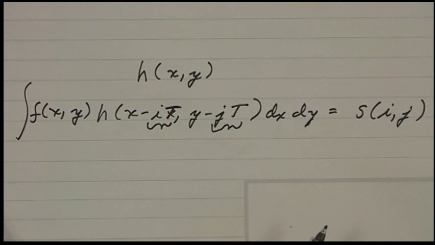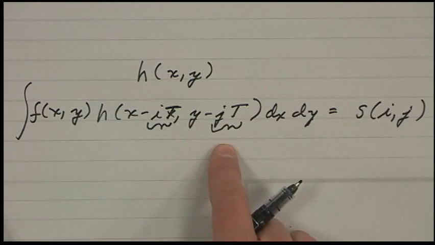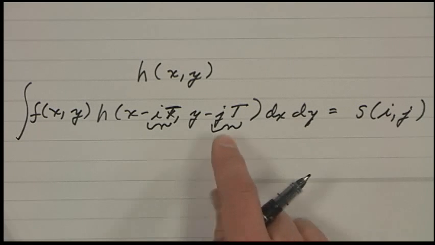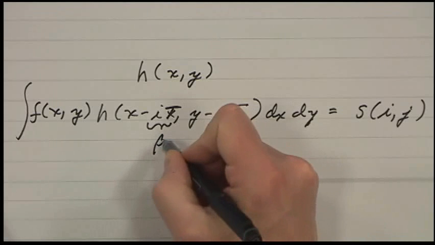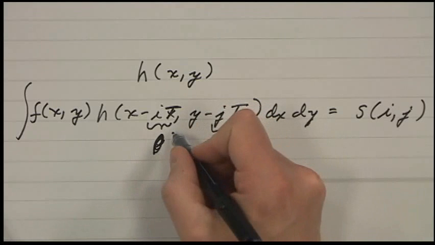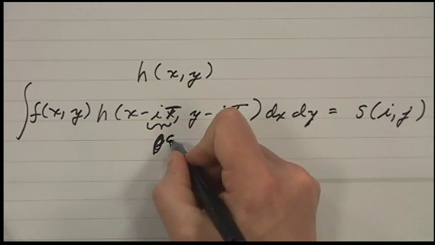Now you'd say, well, this looks a lot like a convolution. I replace this variable here by xi, and this will be eta. I'm running out of variables.